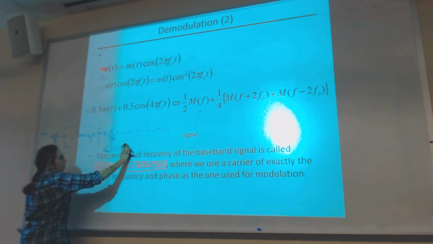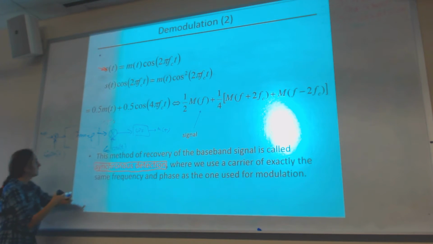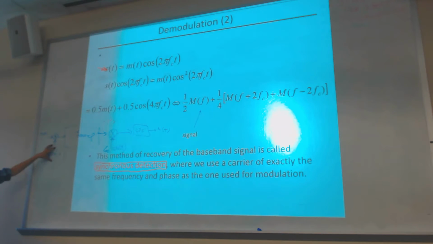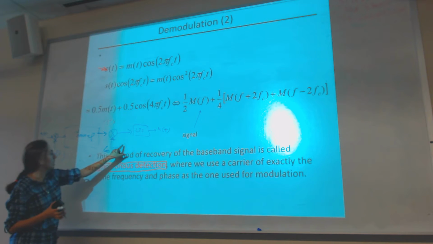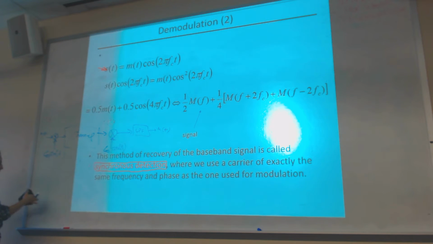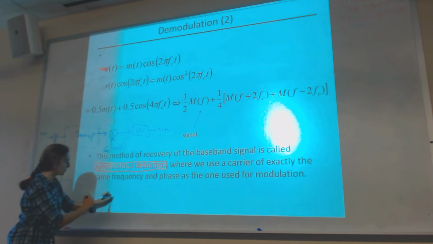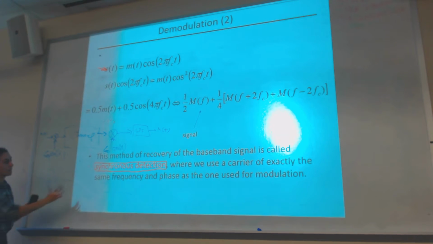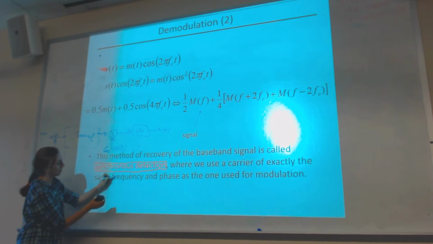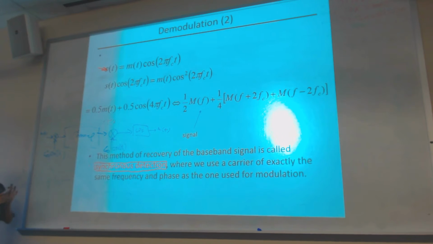So our scheme was all working based on the fact that if here I multiply by cosine, I again reverse it by multiplying with the exact cosine. There's no time shift. This is something we call being synchronous, meaning that if for the transmitter the 0 is here and this is a cosine, for the receiver they should have exactly the same time reference and exactly the same cosine. If there is a little bit of phase shift, then this method doesn't work.